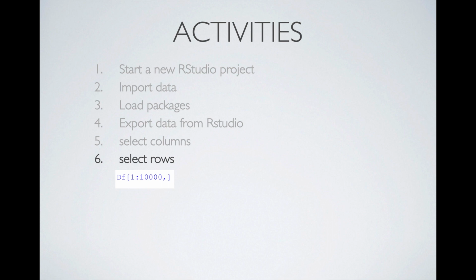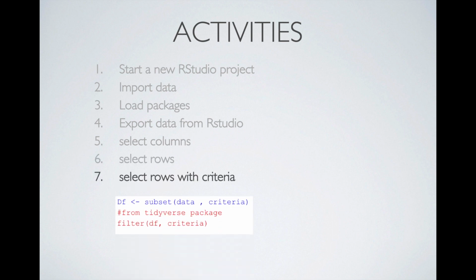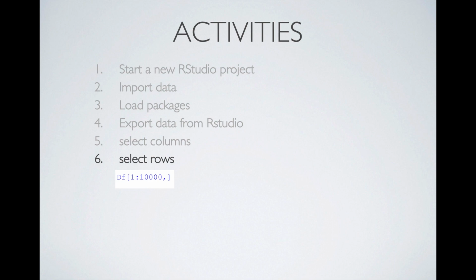How about rows? The rows are very simple as well. You define the name of the data frame and indicate which records you want. Leaving it blank after the comma means you want all the columns for that particular record to be shown. So let's take a look at how we can do that.